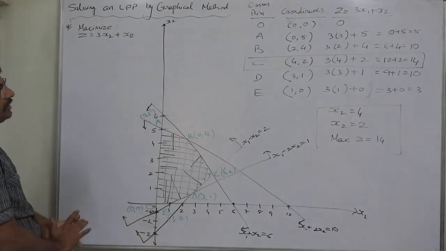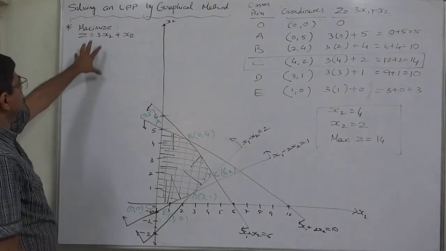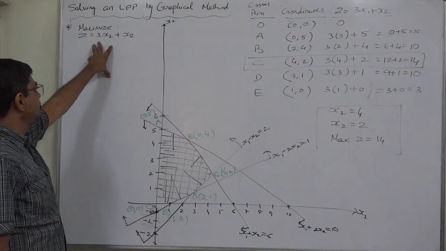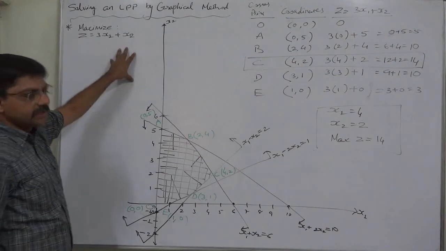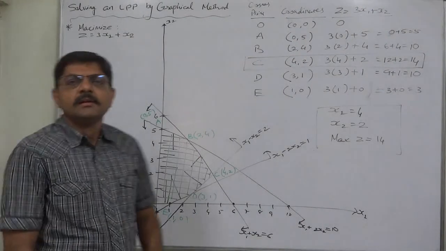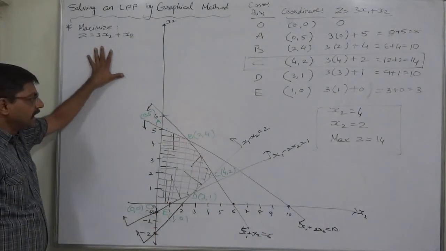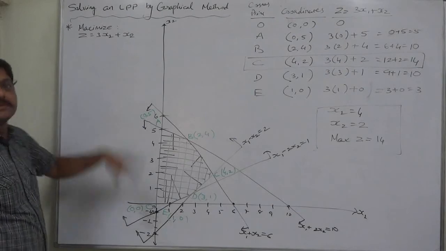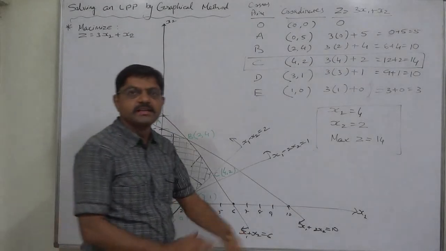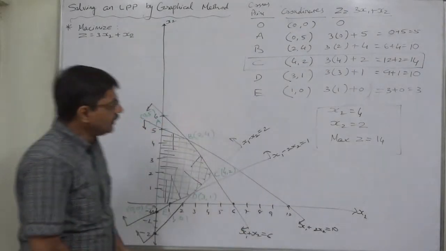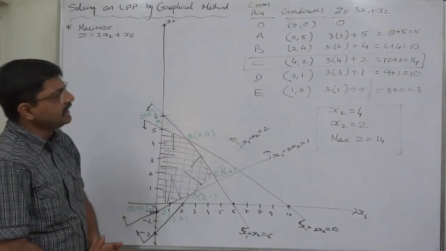But we have solved this problem as maximize Z equals 3x1 plus x2. Many times paper setters just change the objective function and keep everything else as it is in the original question. The value of the objective function only changes.